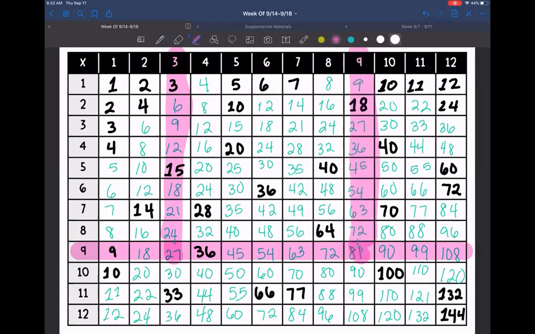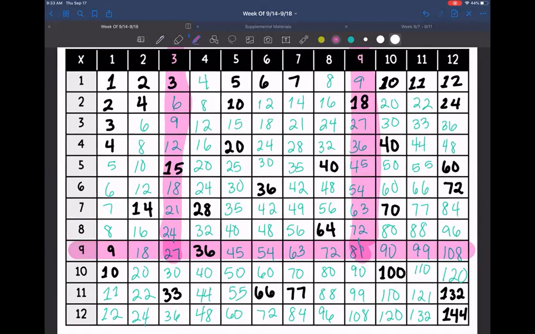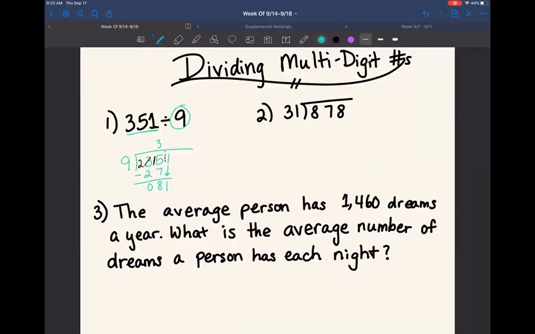Right, there's 81. And it's 9 times 9. So I'm going to go back to my problem. I'm going to put my 9 up here, subtract 81. 81 minus 81 is going to give me what? 0. Yeah, so it's going to give me 0.